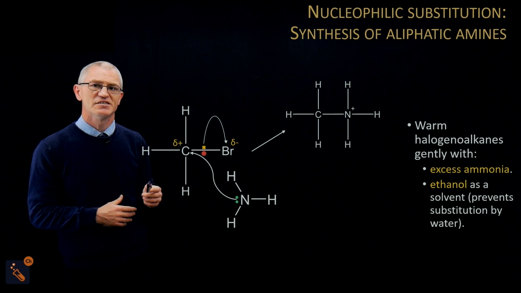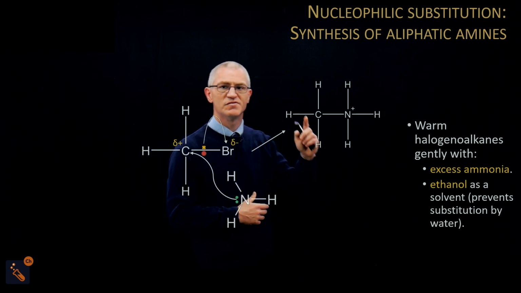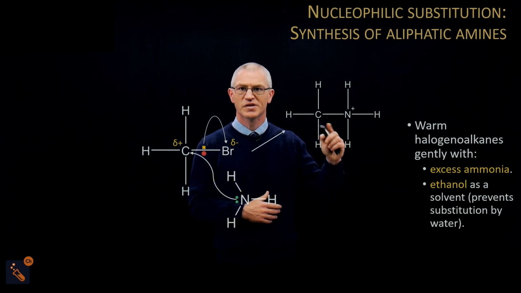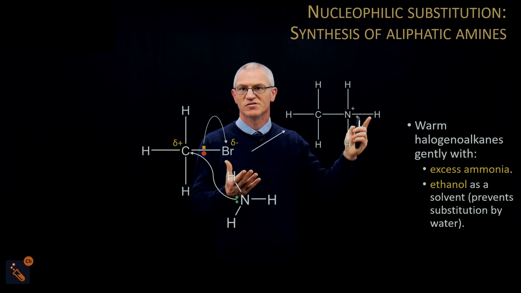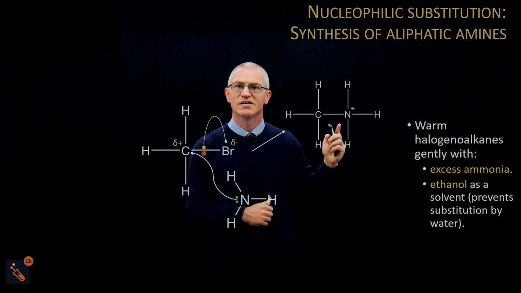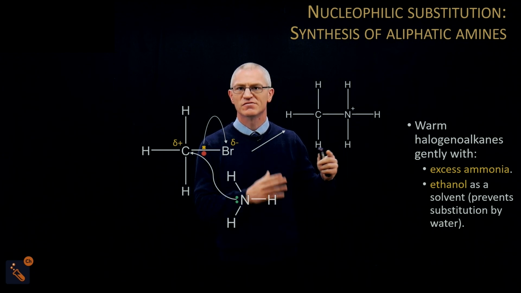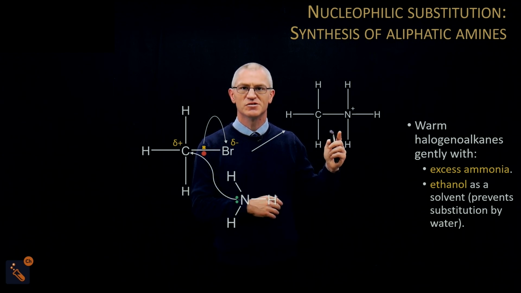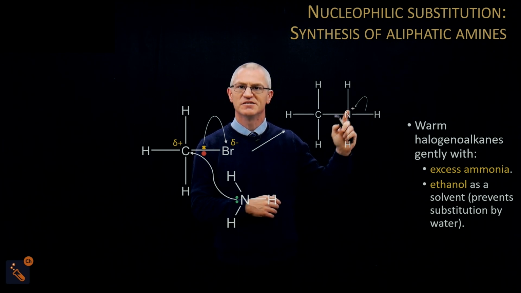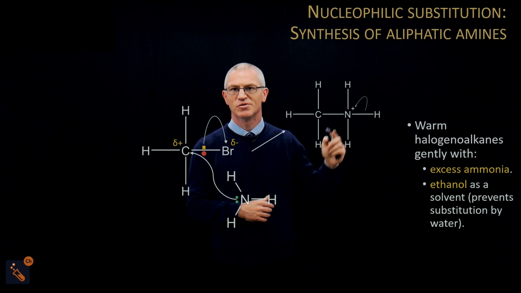That then creates this intermediate. You can see this positive intermediate. Here we've got these 4 bonds to the nitrogen, so it's going to be positive. Then we want to get rid of that positive to make our amine. So what we do is we take the electrons out of this bond and put them back in to cancel out this positive charge.